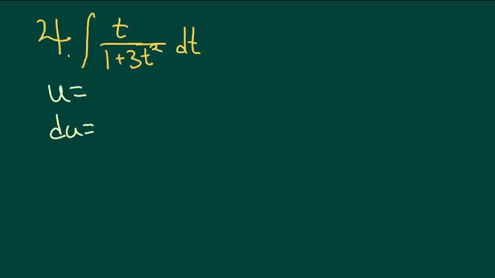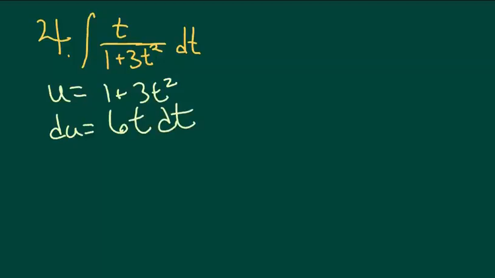The next example of substitution is the integral t over 1 plus 3t squared dt. In this example, your u is going to be 1 plus 3t squared. That's good because you have a form of the derivative of that in the original expression, and the derivative of that is 6t dt.